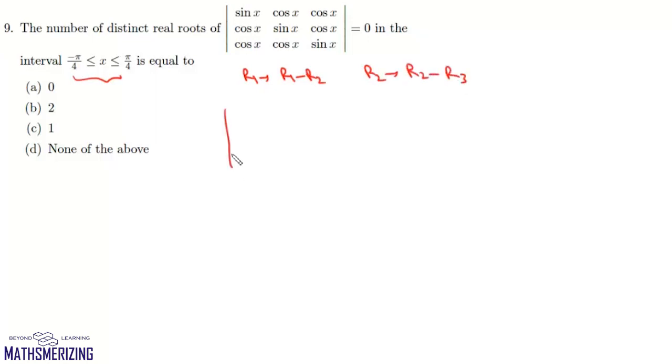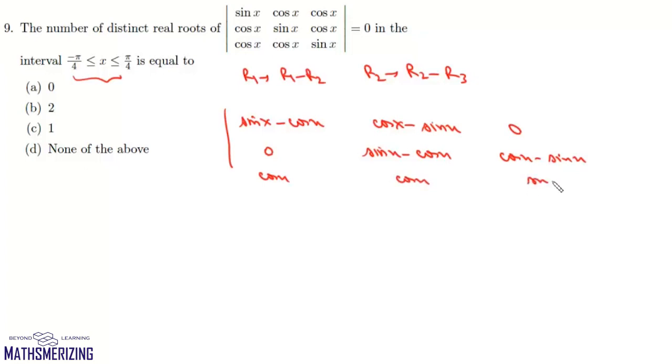So we can write this as sin x minus cos x, and here will be cos x minus sin x. This is 0. Here will be 0. We can write sin x minus cos x, and then cos x minus sin x. Here will be cos x, sin x, and it will be 0.